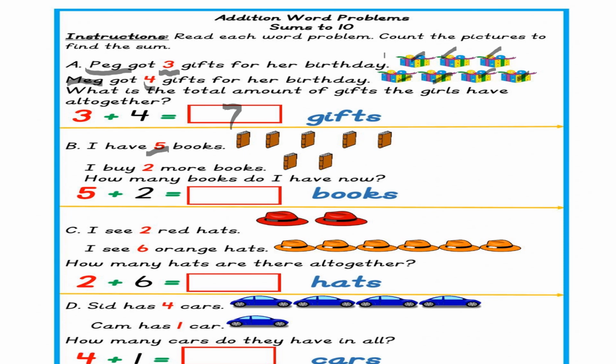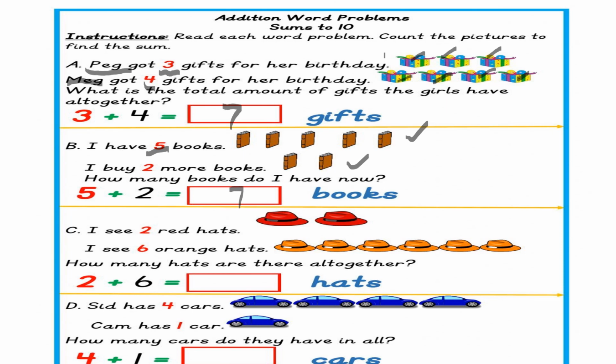So total number of books मेरे पास कितनी हुई? मेरे पास 5 बुक्स तो है, लेकिन मैंने 2 बुक्स और ली हैं. तो कितनी बुक्स हो गई? 5 plus 2. 5 plus 2 is equal to 7. So total number of books do I have with me right now? 7, right? Okay, now let's move on to the next question.